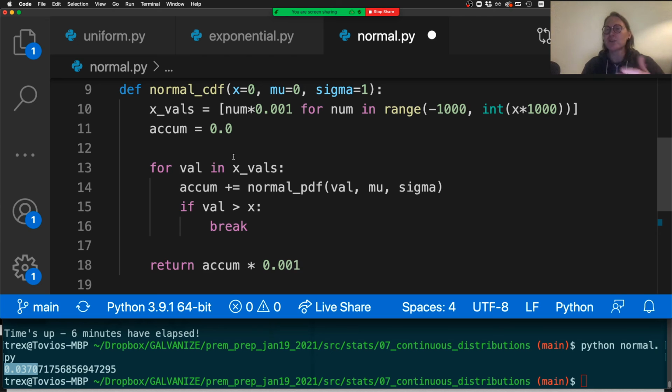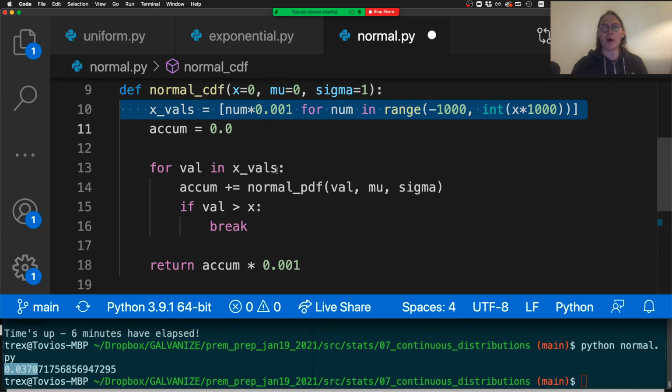We could write a z-score function, and then we could call the normal CDF on these values, process those values into a z-score, and using this same scheme, we'd get more precise outcomes.